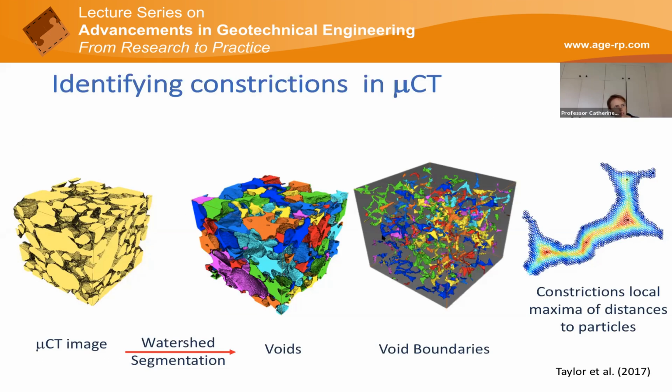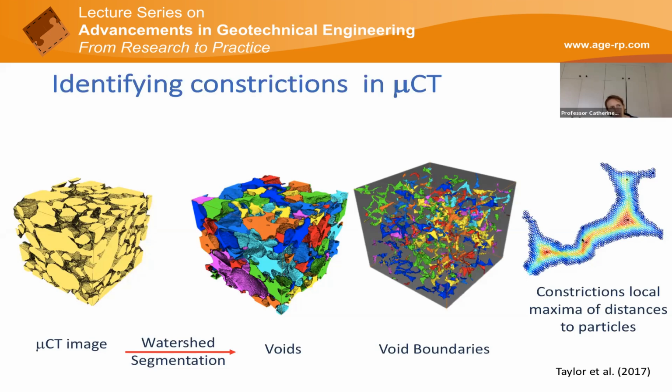That we say is where those two voids meet, that's a void boundary. And then we take the cloud of dots that define that void boundary, and then we measure the distance between each point in that cloud to the closest particle, okay?